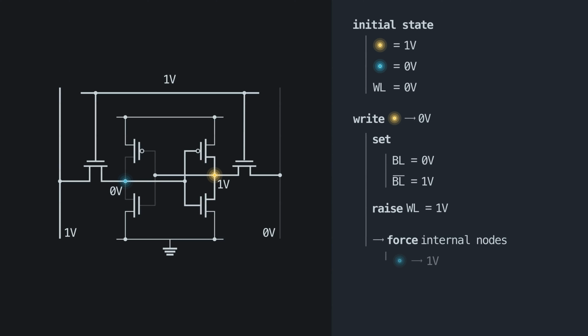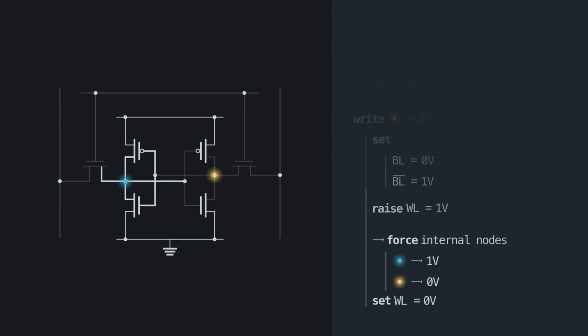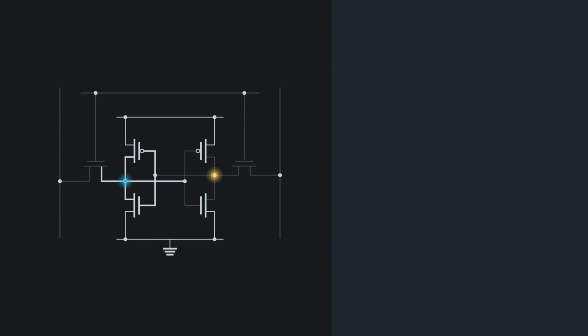The bit lines now overpower the coupled inverters and force the blue dot to become a 1. Naturally, the inverters themselves push the orange state into a 0. The word line is turned off, the updated state is isolated. This was simplified, but it's more or less the same.